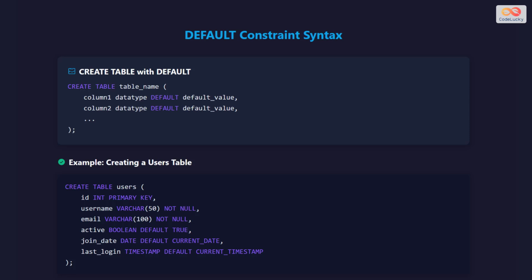Similarly, column 2 also has a default value. Here is an example of how we can create a users table. In this example, the active column is a Boolean data type with a default value of true. The join date column is of date data type with the default value of current date, and the last login column is of timestamp data type with the default value of current timestamp.